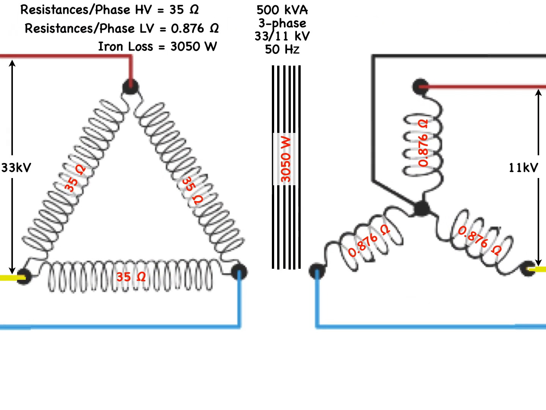The transformer winding ratio a is given by the voltage across the primary winding, line to line, over the voltage across the secondary winding, line to neutral, which is 33,000 divided by 11,000 divided by the square root of 3, and that works out to 3 times the square root of 3.